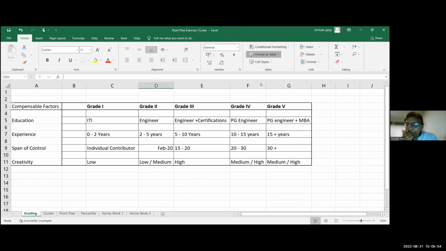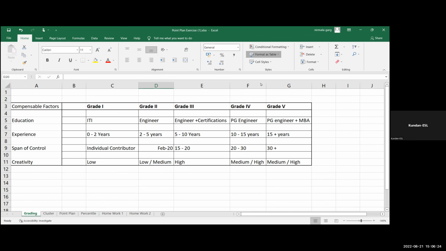For example, why do you pay a CFO a higher salary and a financial executive a low salary? Combination of skill, experience, and knowledge. Similarly, what is a compensable factor? A factor for which the organization pays.